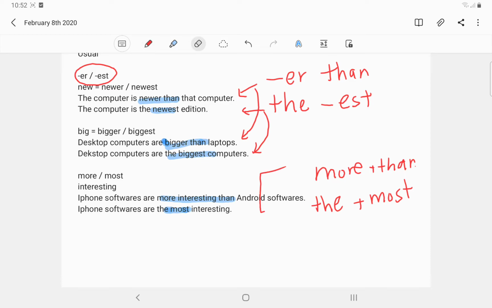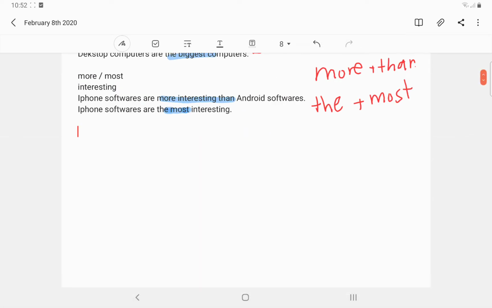Tapi, how to differentiate sama ada perkataan itu adalah you nak guna ER ataupun you nak guna more. Okay, so how to choose which group does an adjective belong to?